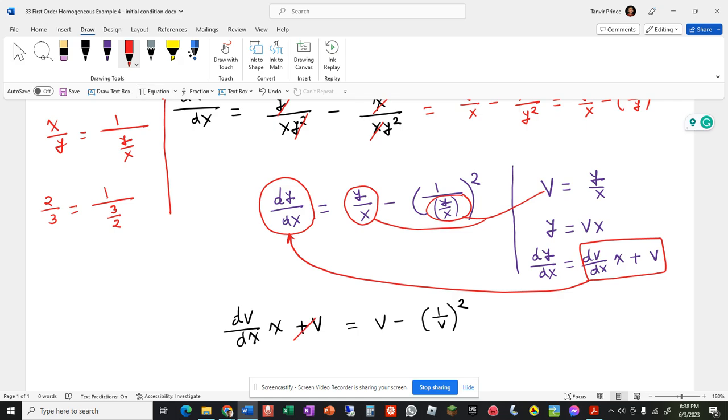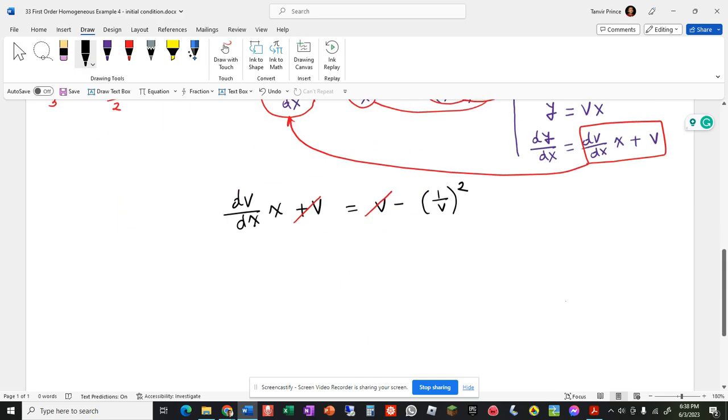I can cancel v from both sides. So let's see what I end up with. I have dv/dx times x equal to negative 1 over v squared. Let me write it this way, distribute the square. And 1 squared is 1.